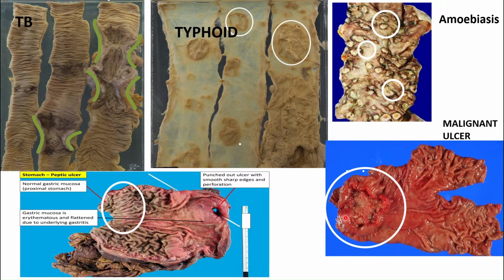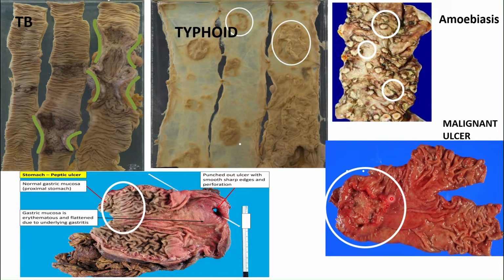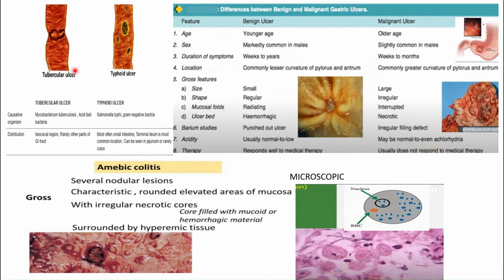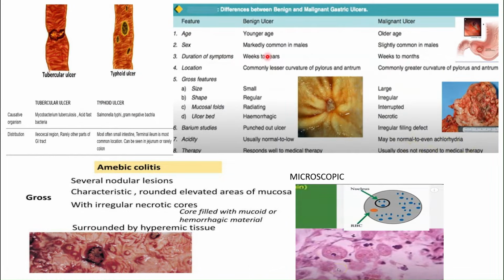If you compare this ulcer, you can see large irregularly sized ulcer with necrotic base, and the edges are showing heaped up appearance. So this is the characteristic of malignant ulcer. Here we can see differentiating point for tuberculosis and typhoid ulcer.